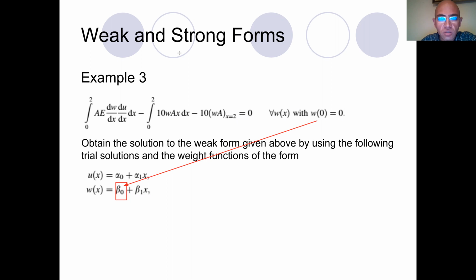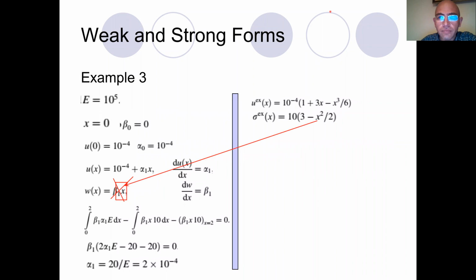So this coefficient will vanish. Now this is what we can say about beta 0.